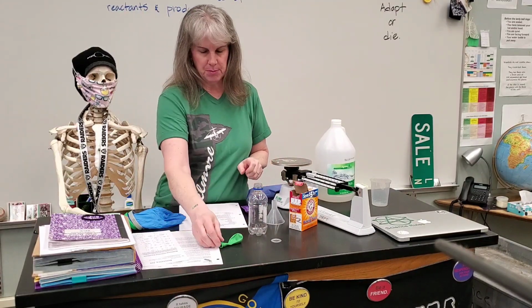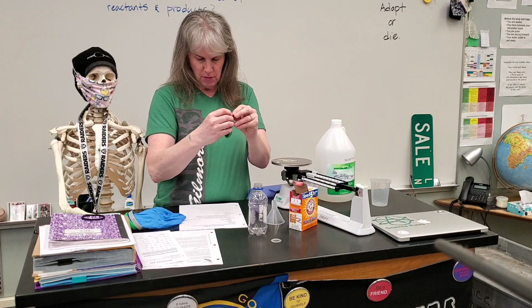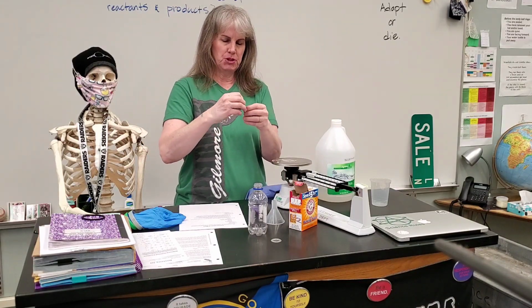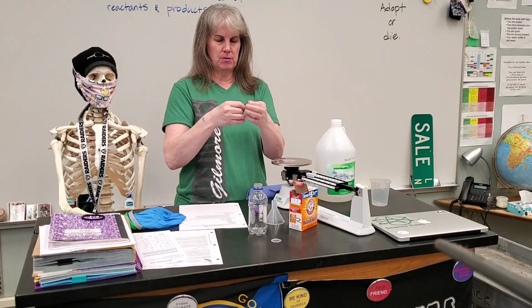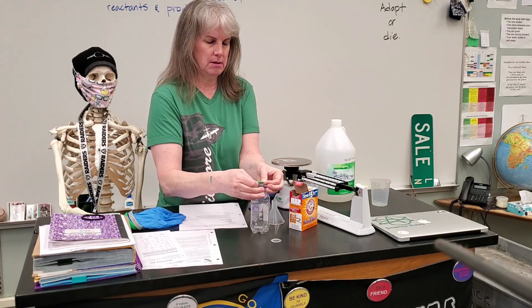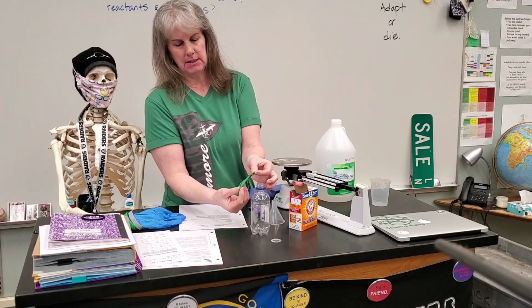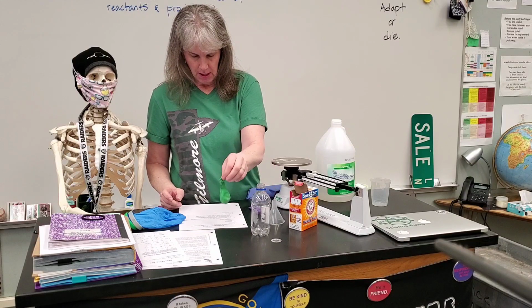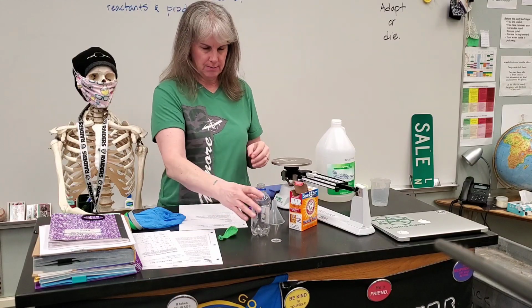Then it says secure the balloon over the mouth of the bottle with the balloon hanging to one side, and be sure not to rip the balloon. So we're going to put this on the top and leave the balloon hanging to the side with the baking soda in it. Then we're going to weigh the whole thing. This is the setup.